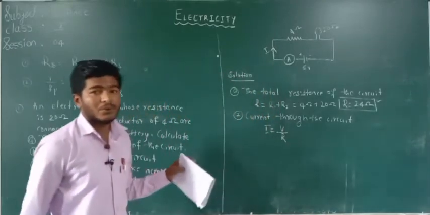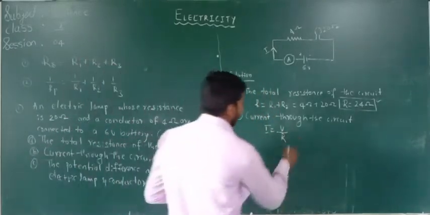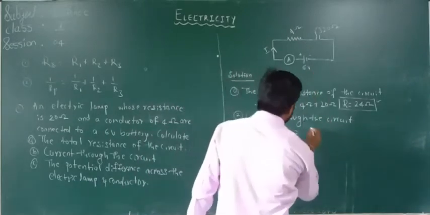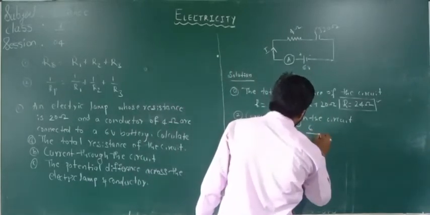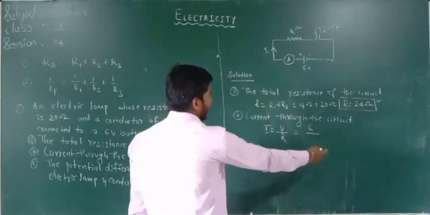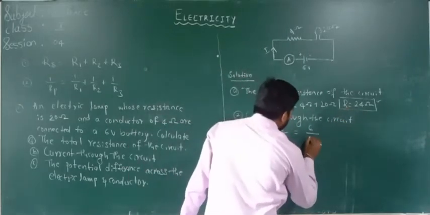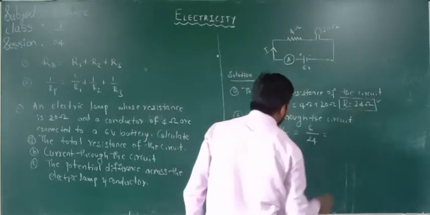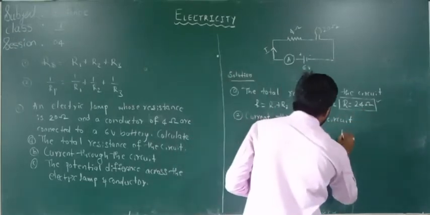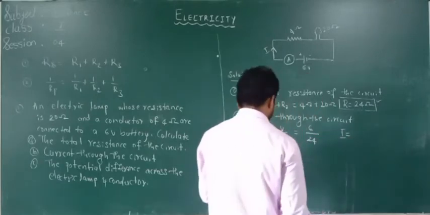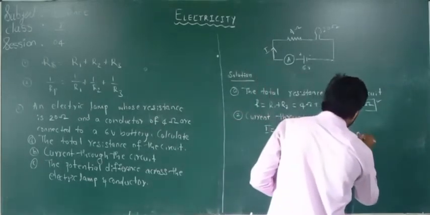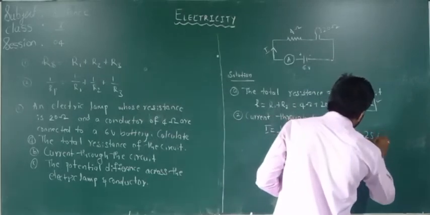Here the potential difference given is 6 volt. Then divided by the total resistance R, that is 24 ohm. I is equal to 6 by 24, which is 0.25 amps.